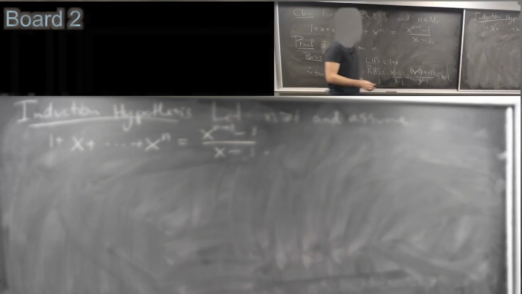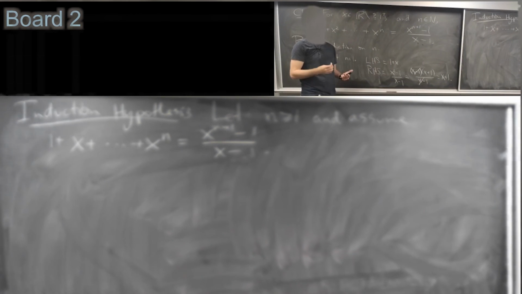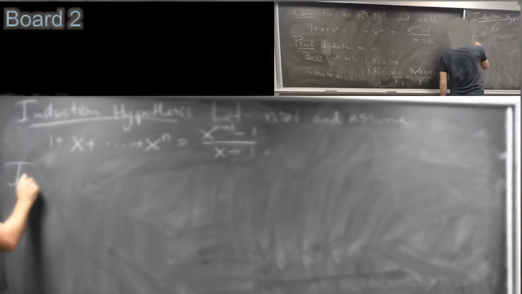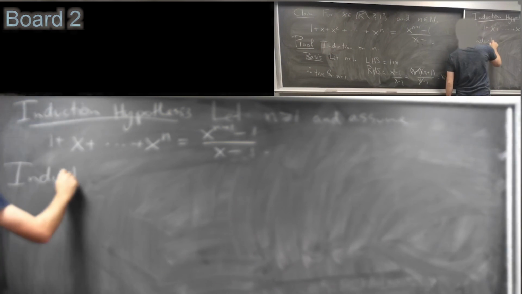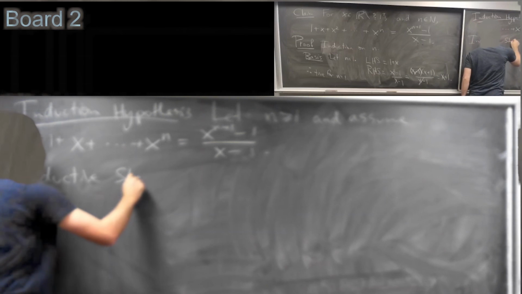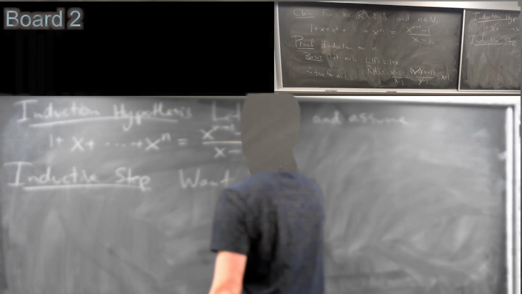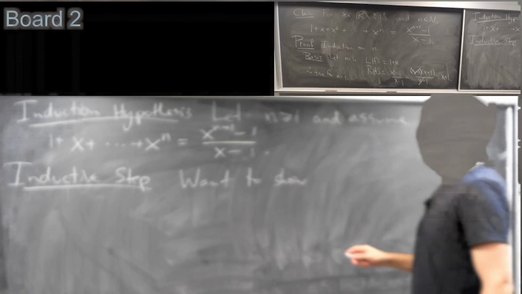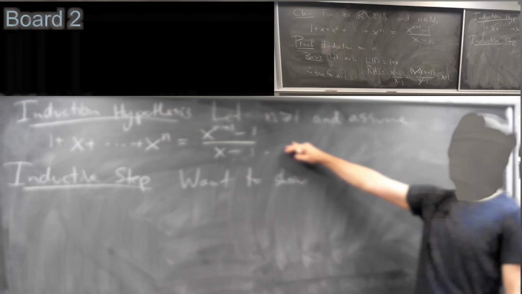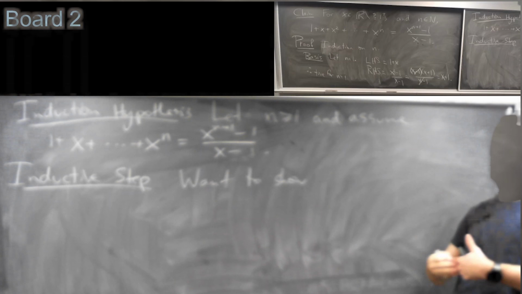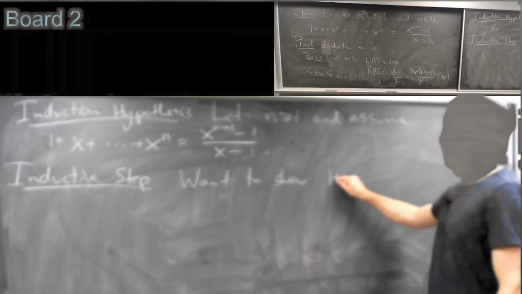So again, we're going to use weak induction because I don't really need the strong version. So in the inductive step, we want to show, well, we're assuming it for the nth case, and we want to show it for the n plus 1th case.